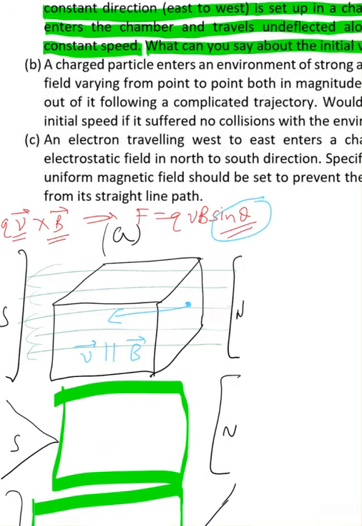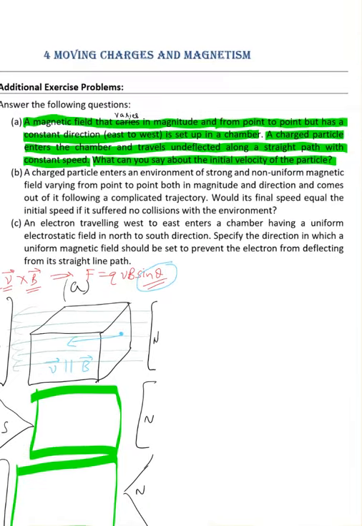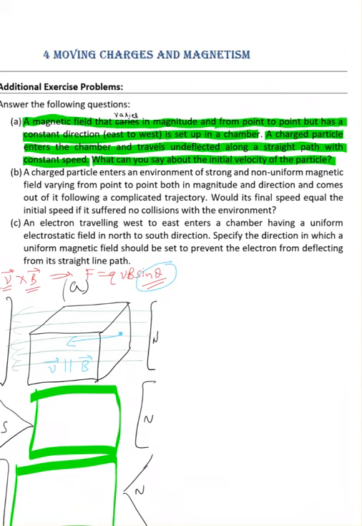So that is about situation A. Let us go to the second situation B. What is the second situation? A charged particle enters an environment of strong and non-uniform magnetic field varying from point to point both in magnitude and direction and comes out of it following a complicated trajectory.